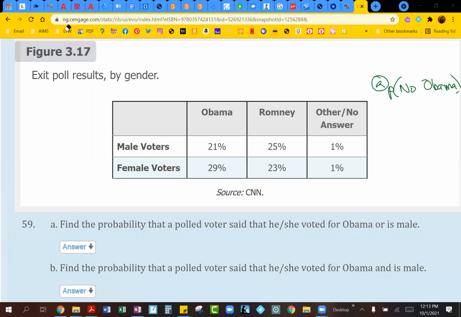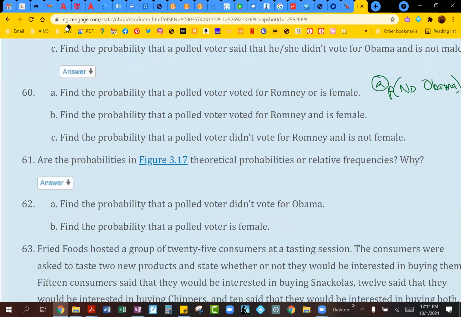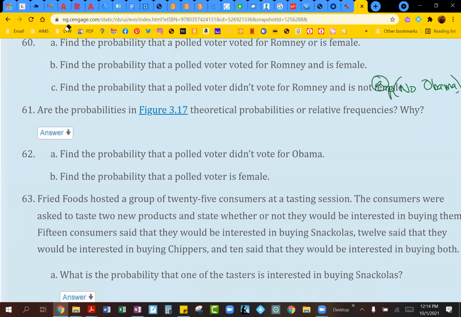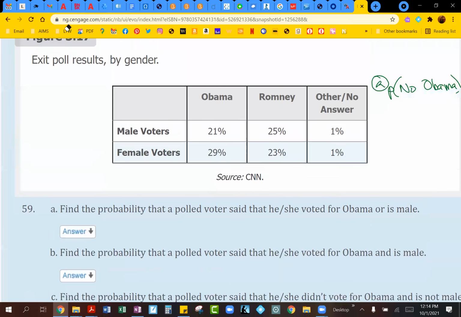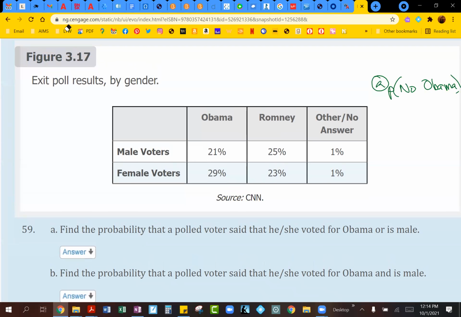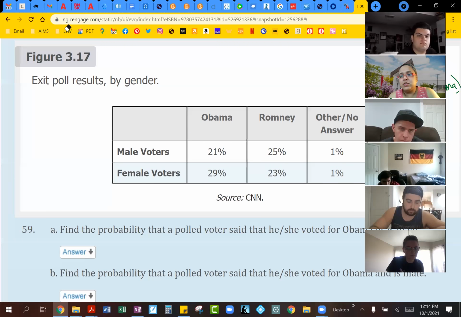Where would we try and get that total from? So do we do, I don't know, look at the people who voted for everybody else but Obama? So kind of like a complement?